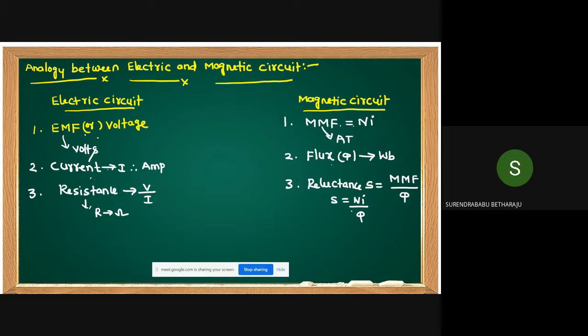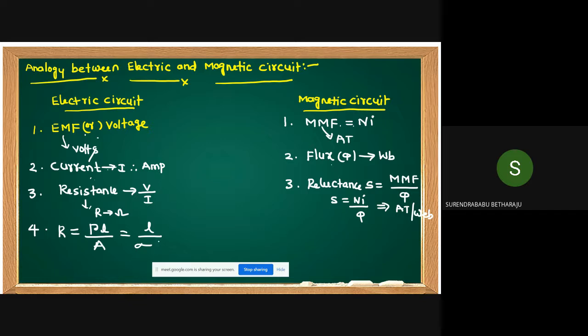What are the units, students? Ampere turns per Weber, because the MMF unit is ampere turns and the flux unit is Webers. Next. In the case of an electrical circuit, R is defined as rho L by A, which is also L by sigma A, where rho is the resistivity and 1 by sigma is the conductivity.